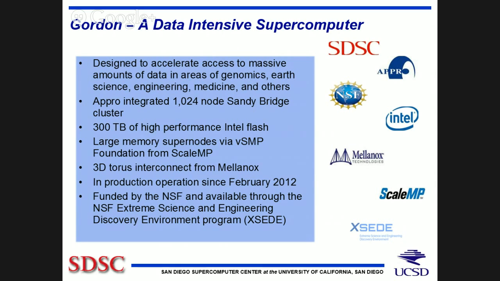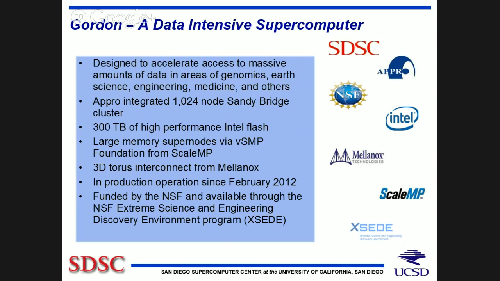So start off with some info on Gordon itself. It was essentially designed as a data-intensive computer, focusing on different kinds of I/O. It was one of the first machines to have a large-scale flash deployment, 300 terabytes of Intel flash in it.